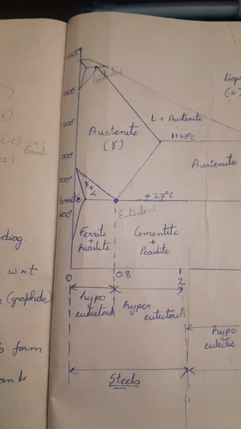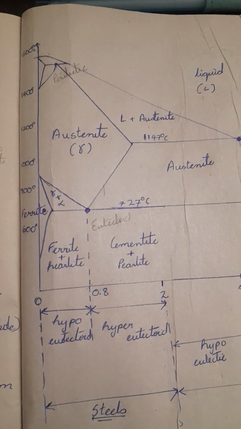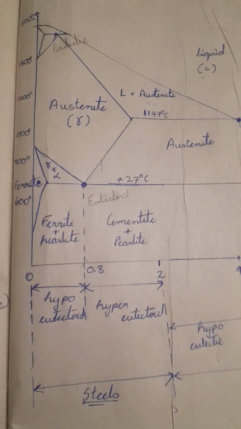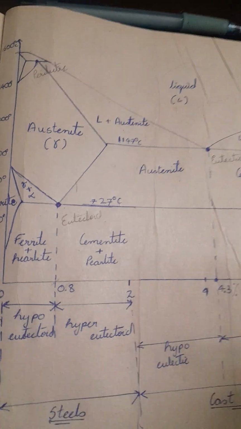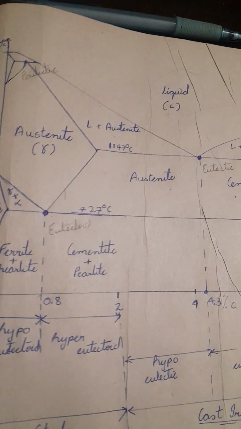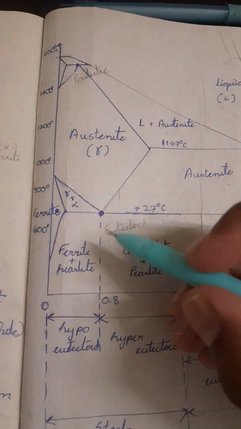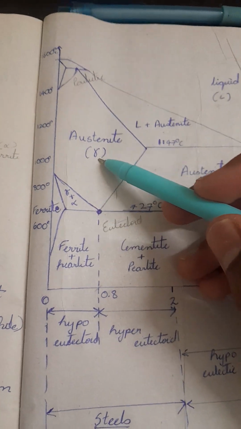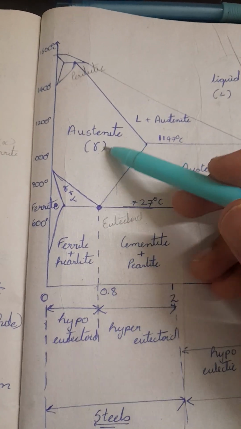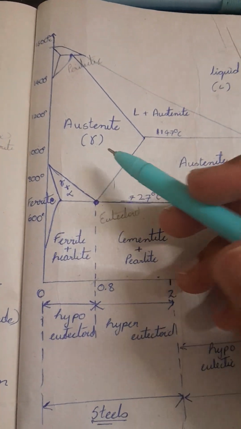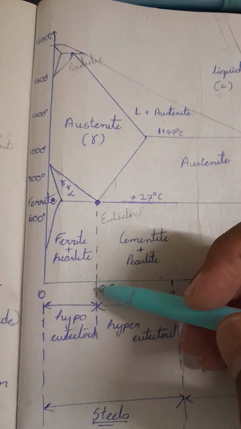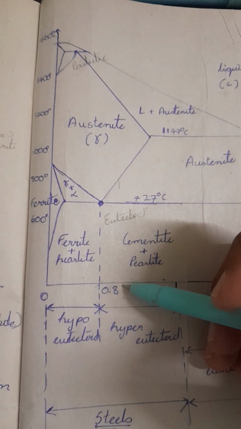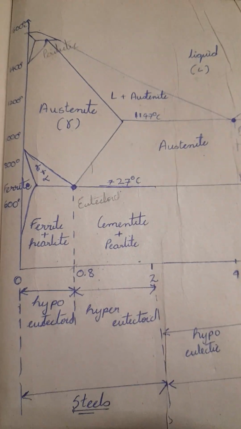Now coming to the eutectoid reaction, as I told you earlier, a eutectoid reaction occurs when a solid splits into two independent solids or vice versa. In the eutectoid reaction, we see austenite splitting into ferrite and pearlite, and cementite and pearlite. This typically occurs at 727 degrees and 0.8% of carbon composition.